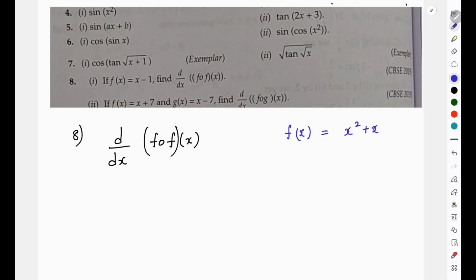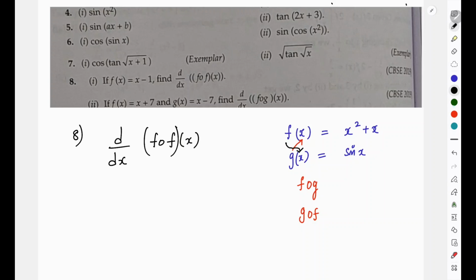I have f of x. And I have another function g of x. So say like I have sin x. Okay. Now when they say f of g, which means this g is going to be the input for f. But when I say g of f, this f is going to be the input of g.